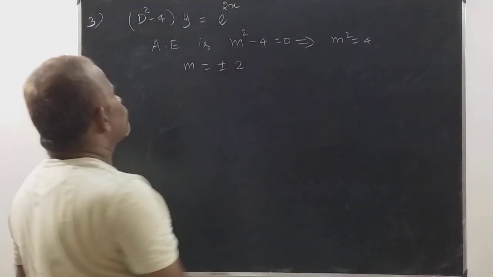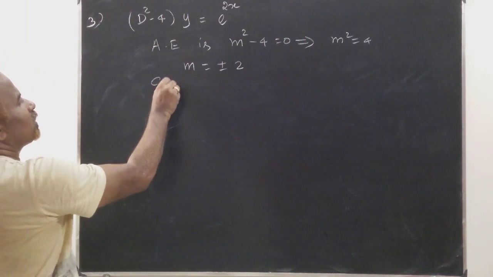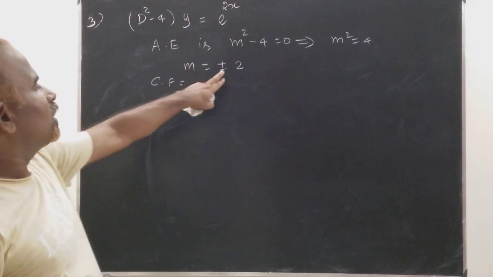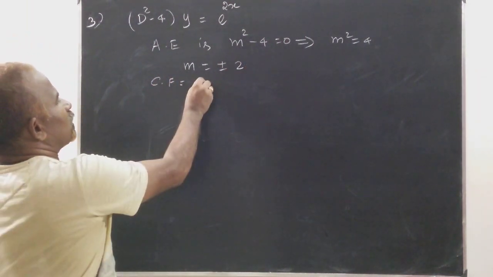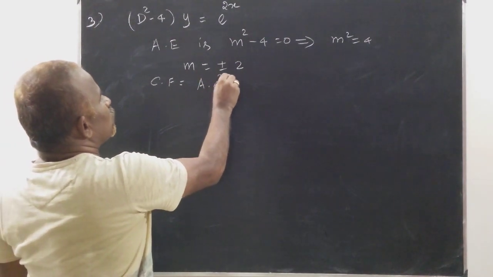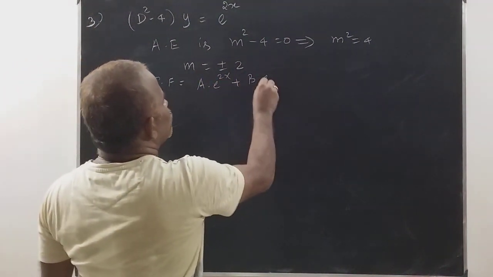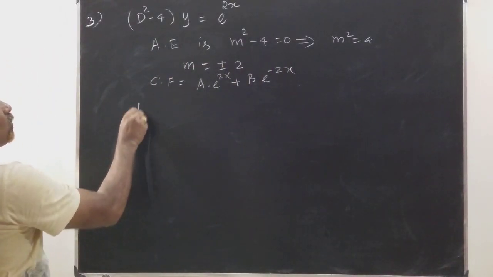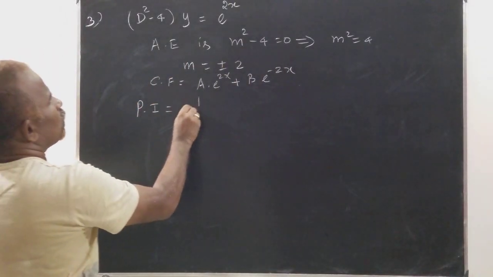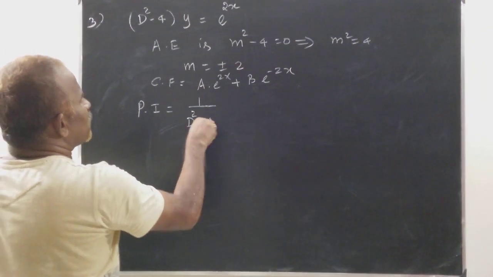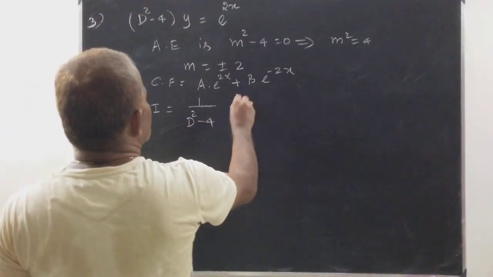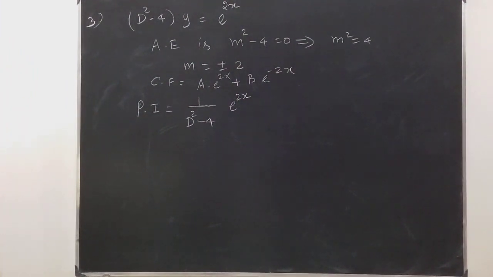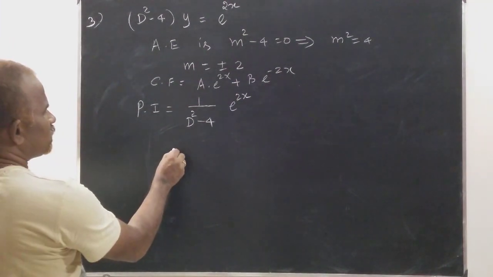So therefore the roots are real and distinct, and the complementary function is A into e power 2x plus B into e power minus 2x. The particular integral is equal to 1 by d squared minus 4 into e power 2x.